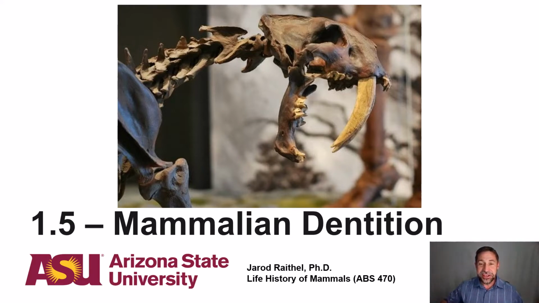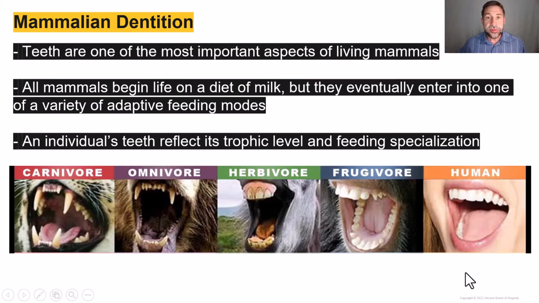So you may recognize this skull from illustrations in our last lecture when we touched on the Pleistocene megafauna. This, of course, is the saber-toothed cat, Smilodon, and its 8-inch canines. We've thus far established that mammals are essentially eating machines with high metabolic rates that are necessary for endothermy.